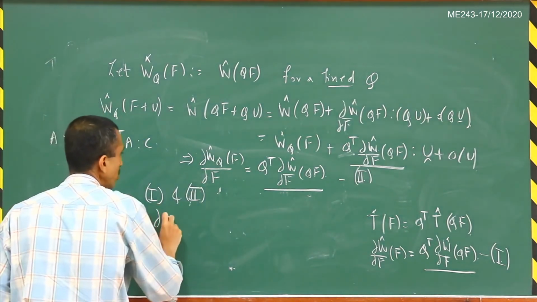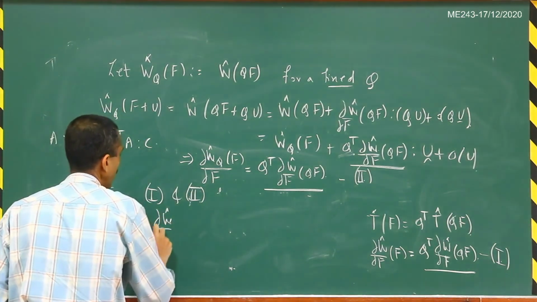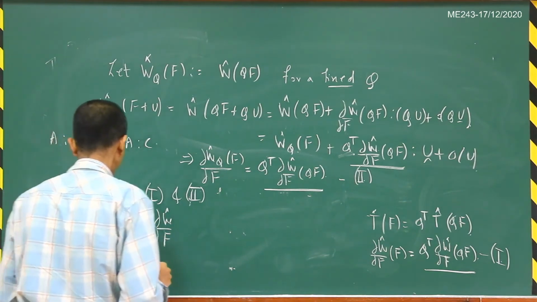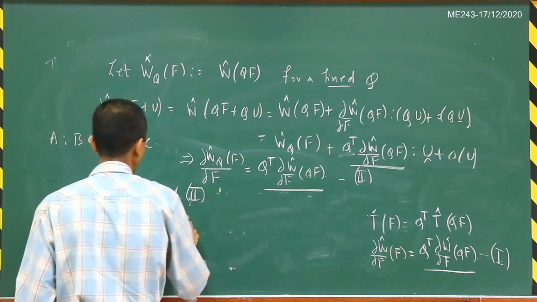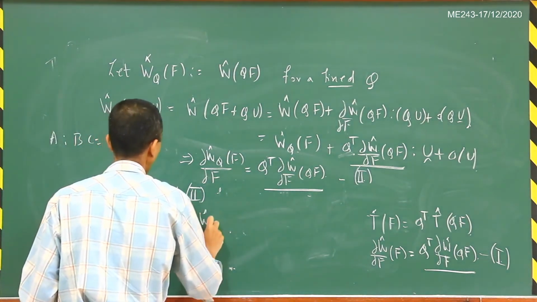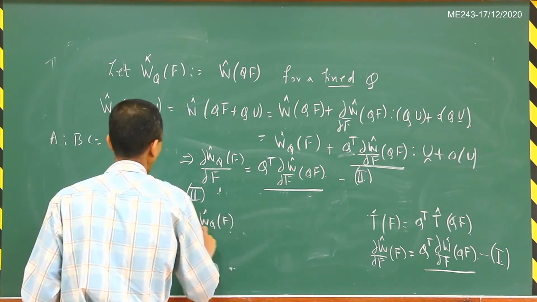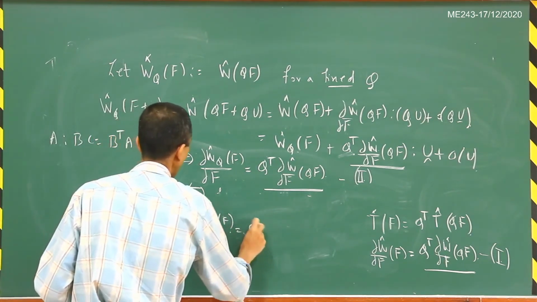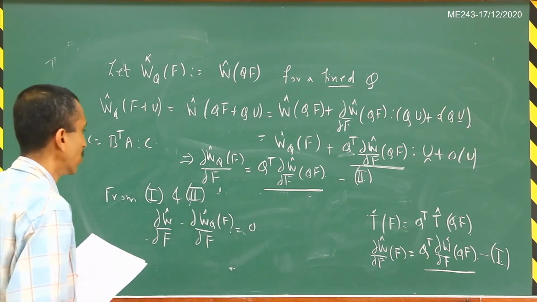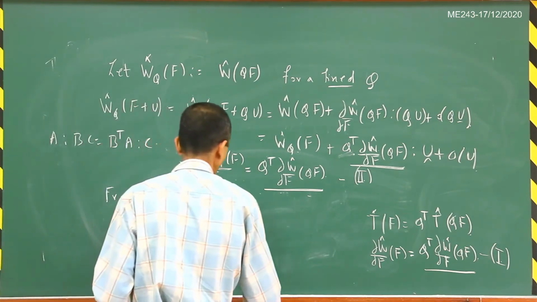del W hat by del F minus del W hat Q of F by del F is equal to 0. They have to be the same. And so now we can simplify this.